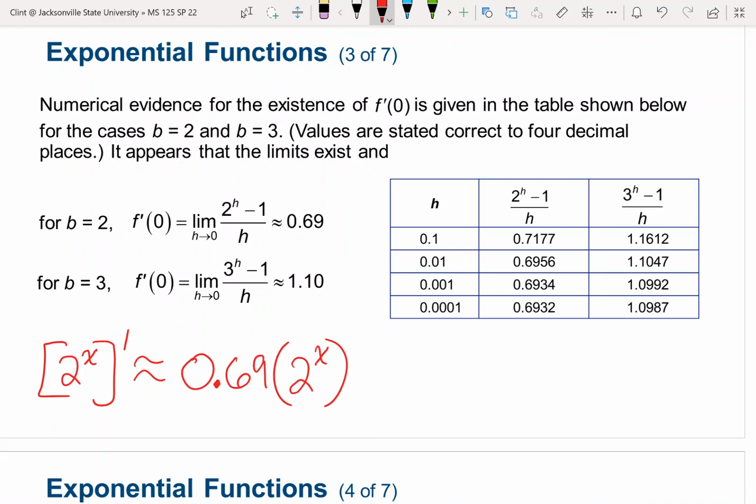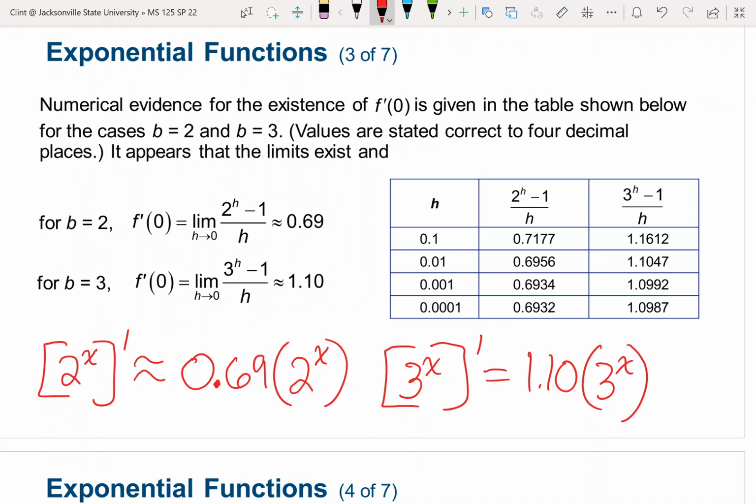So if we change b to 3, the f prime of 0 value changes. That one comes out to a little bit over 1, about 1.10. So we could say the derivative of 3 to the x is about 1.10 times 3 to the x.